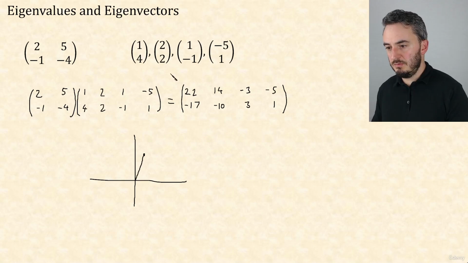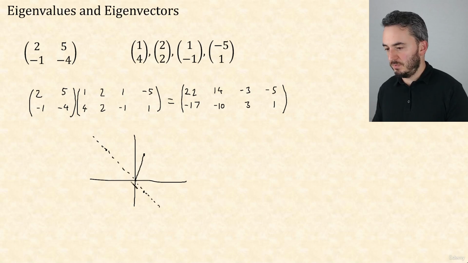Similarly, (2, 2) gets mapped to the point (14, -10). Again, miles away. However, the point (1, -1) gets mapped to the point (-3, 3). Now that's interesting because it's on the same line that it was on before.